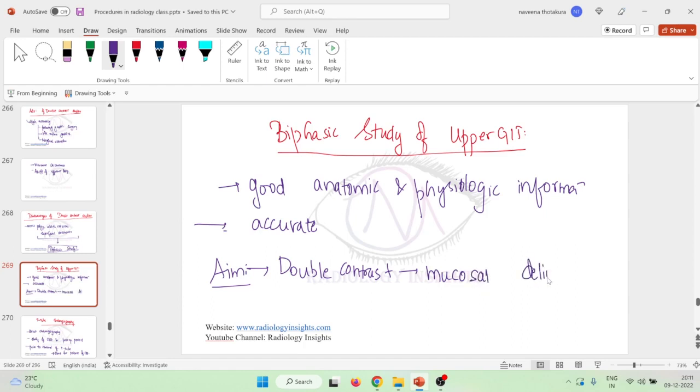The mucosa is best visualized and can be analyzed better with the double contrast study.